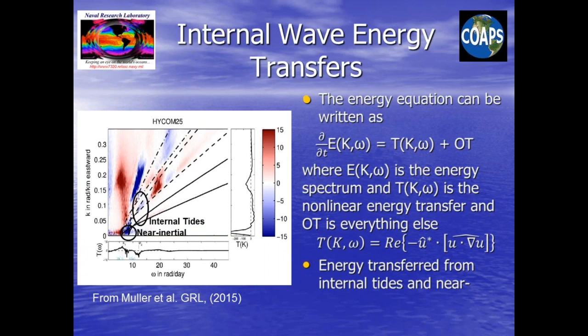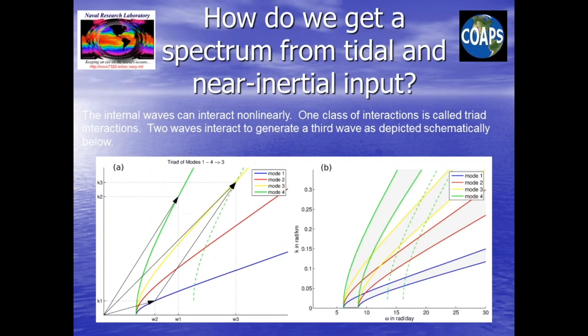And this particular approach would argue that it's what's called a triad interaction. So that basically means I have an internal tide wave, another wave, and those two things interact to generate a third wave, and that's how I move the energy around.